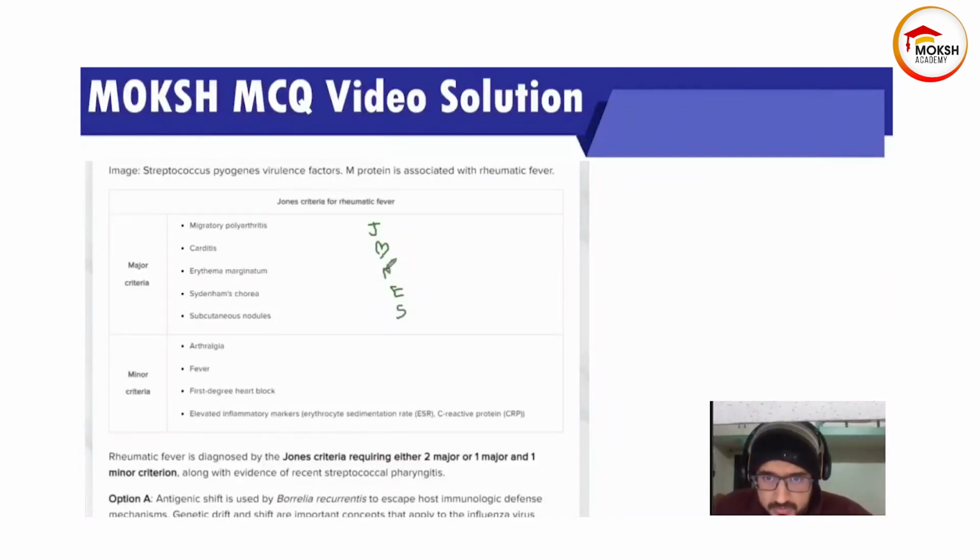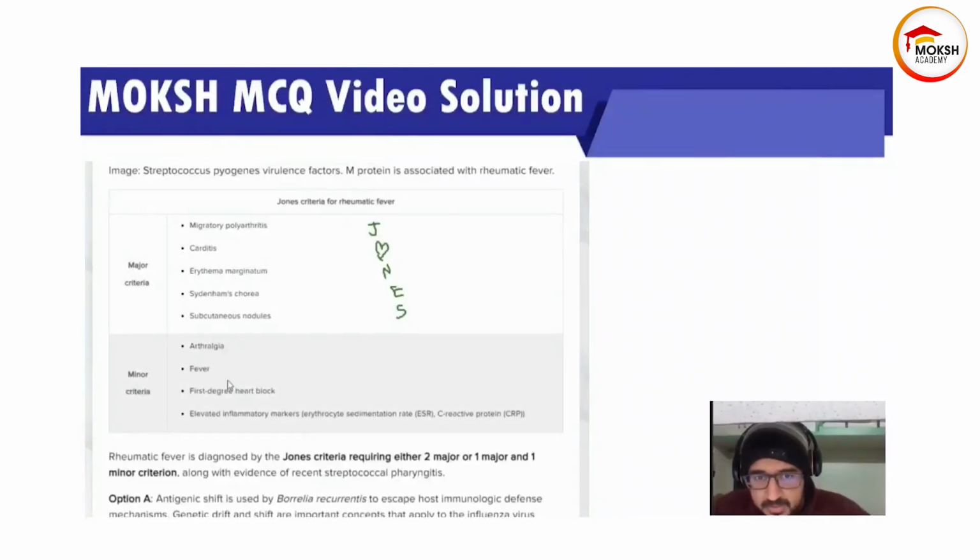Okay, so this is how you can remember the Jones criteria. J is for joint involvement, or migratory polyarthritis. Heart is for carditis. N is for subcutaneous nodules, E is for erythema marginatum, and S is for Sydenham's chorea.